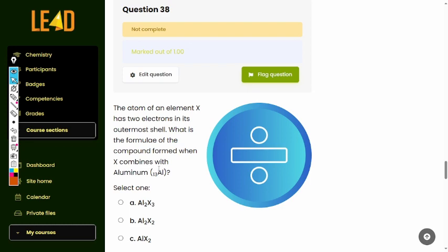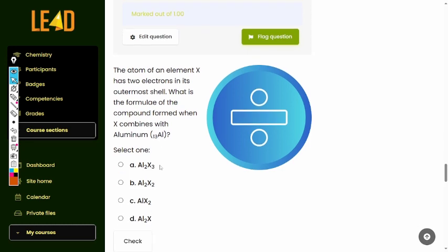38. An atom of an element X has 2 electrons in its outermost shell. What is the formula of the compound formed when X combines with aluminium? Okay, so this is a hypothetical situation where X has 3 electrons in its outermost shell, so that means the combining power of X is 3.